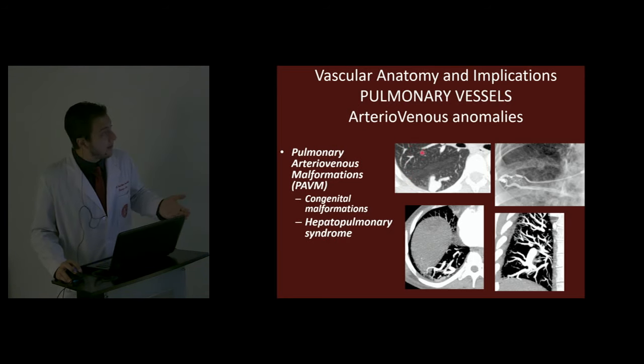We can have mixed anomalies, like the pulmonary arteriovenous malformation. It can be congenital or it can be acquired. In the congenital form, you can see here in this tomography, we can observe this nodule that has some projections, and when an angiographic technique was performed through this nodule, it showed a left to right shunt, decreased size artery, and dilated vein over here.